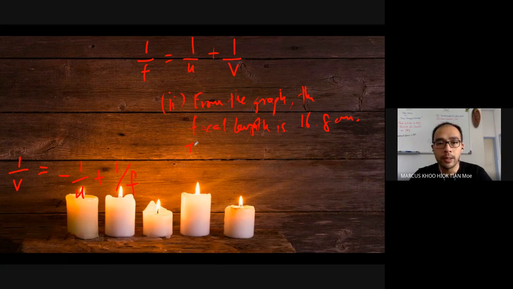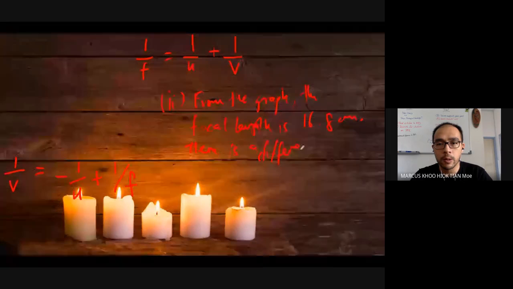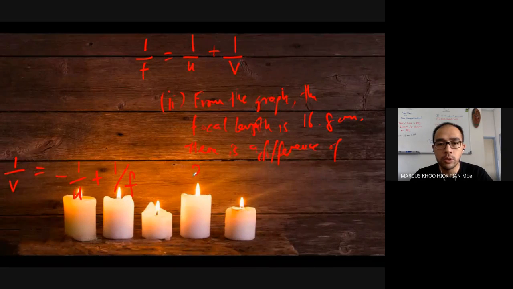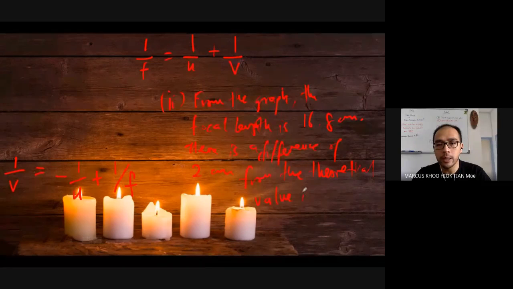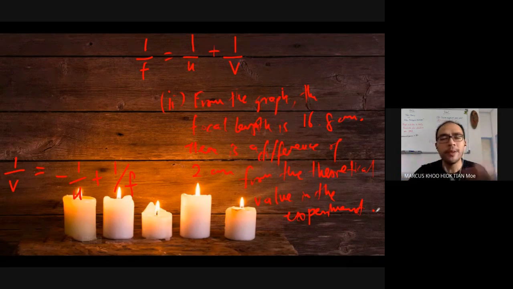There is a difference of 2 cm from the theoretical value in the experiment. That's all. You don't have to give me the reason why. Usually in cases like this, I will ask for the reason why, but that's a long story altogether. So let's not talk about the reason why.